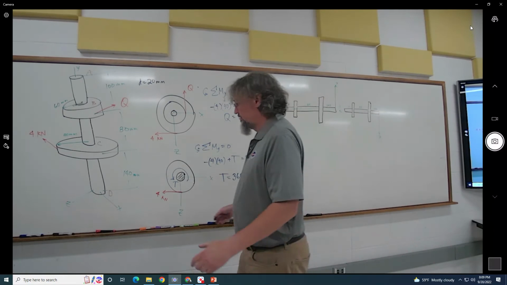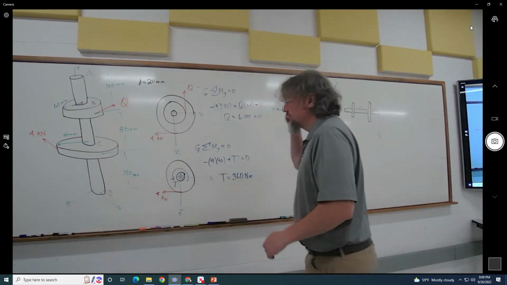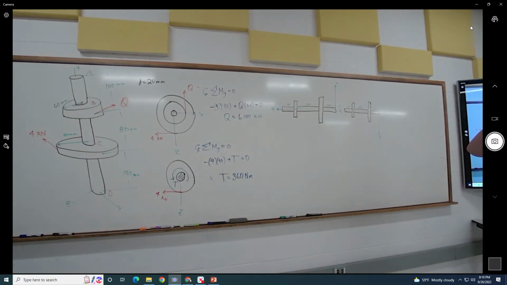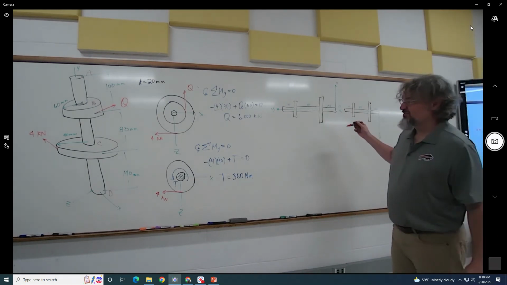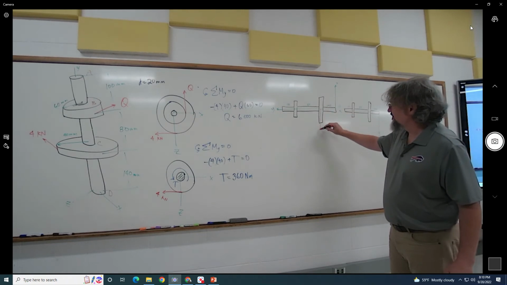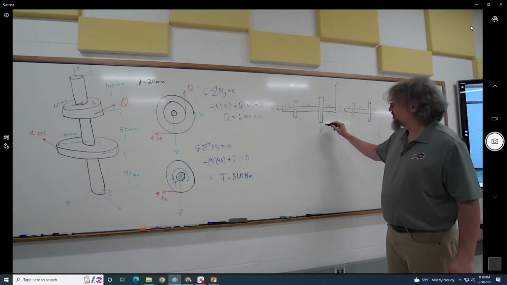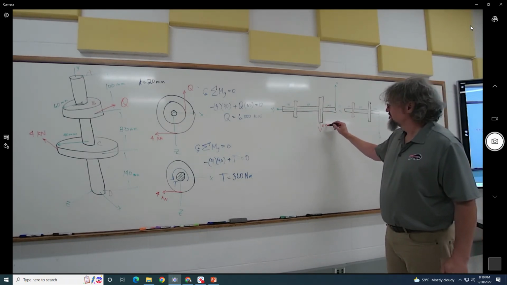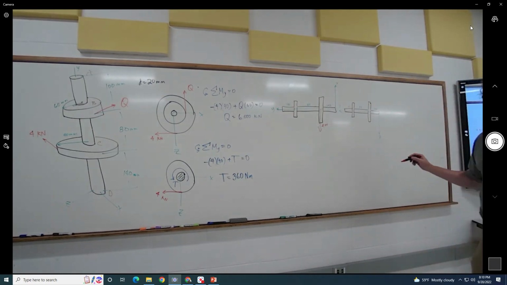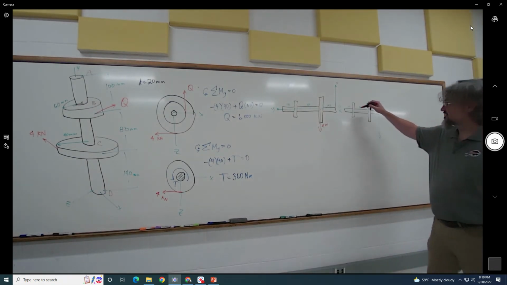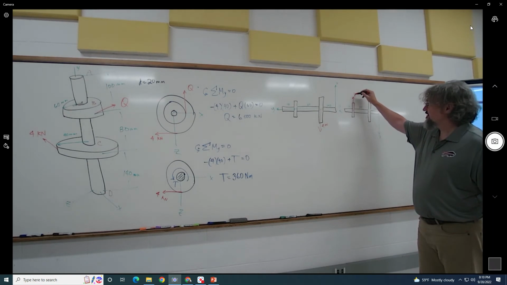And then label the forces. Now this is a really important one. Be careful here. In X, Y, I think we're going to be seeing this coming down that way. It's going to be our 4 kilonewtons. And then this guy is going to be 6 kilonewtons.